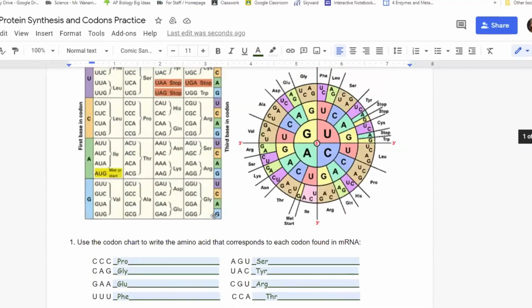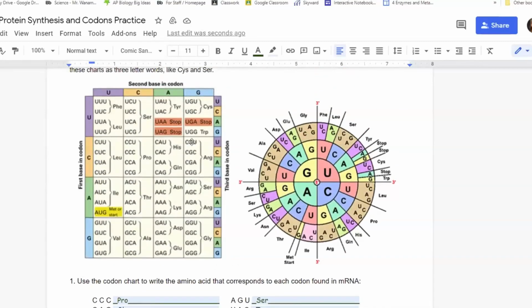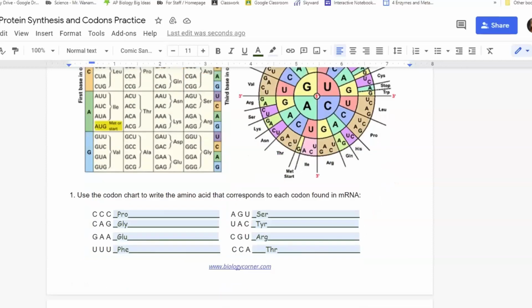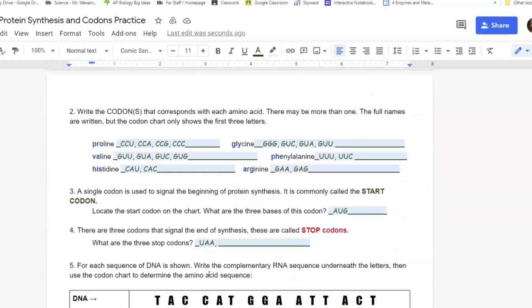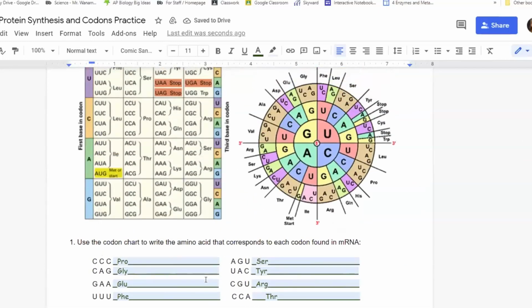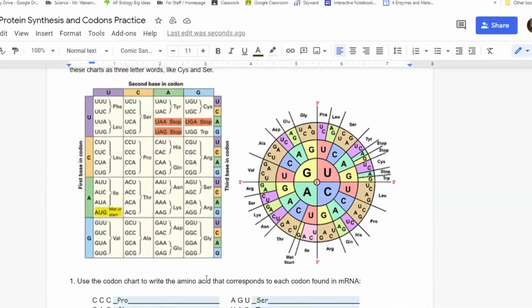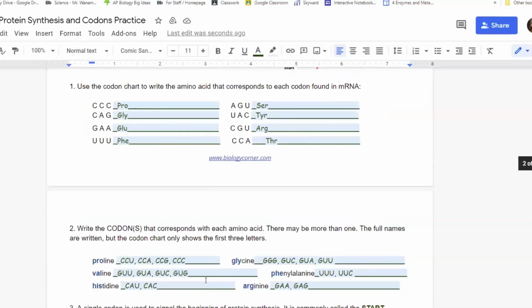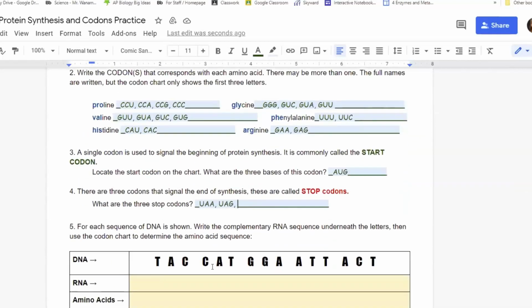Can one be UCA? UCA is going to be something else. Oh, so UAG. And there's one more. What is that third one, Jillian? We have UAA and UAG. What's the third stop codon? UGA is correct. Okay. So the boxes are fairly easy. You just have to recognize where to look and what to look for.